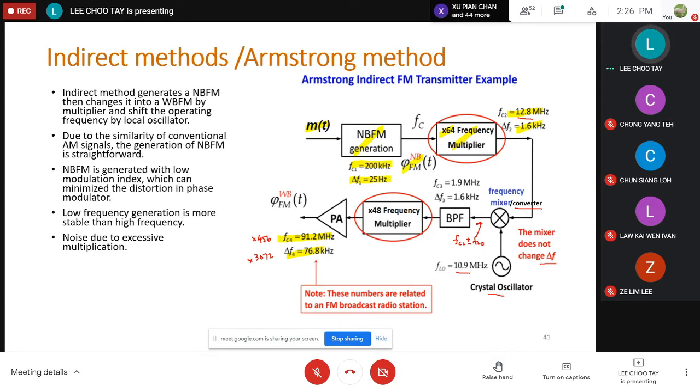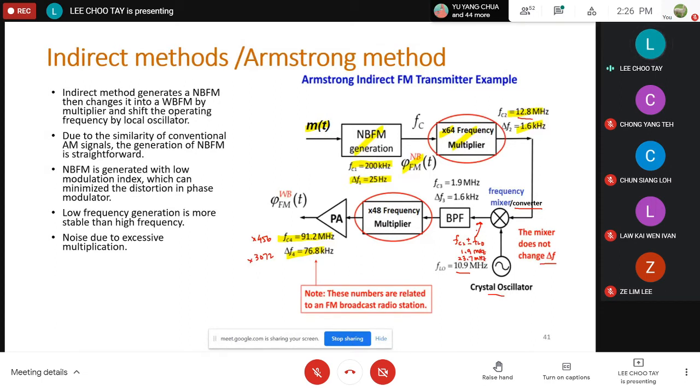We're going to end up with two signals. 12.8 minus 10.9 will give you a signal of 1.9 megahertz. Another one will be 12.8 plus 10.9, which is 23.7 megahertz.